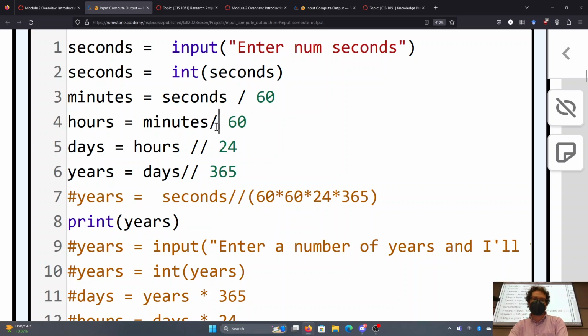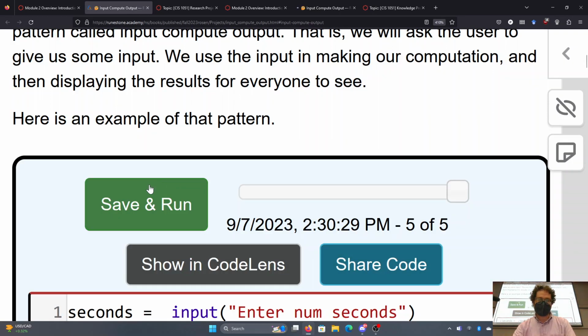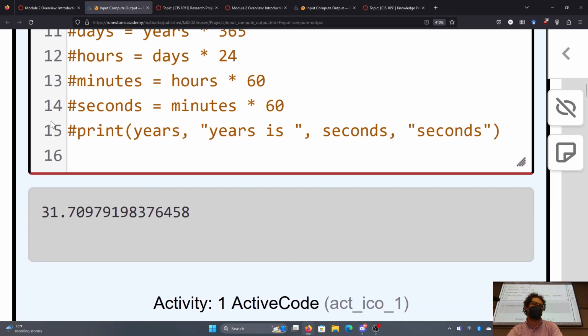If we actually do actual division, we'll get a slightly different number. 1 followed by nine zeros, and we get 31.7 years. 31.7 years is what converts to 1 billion seconds. Okay?